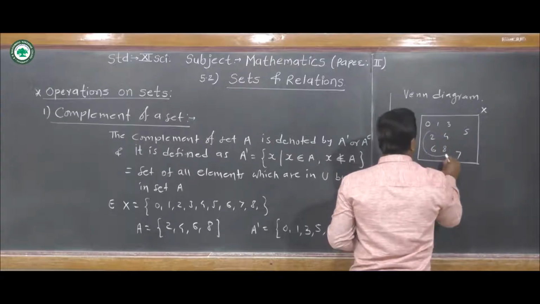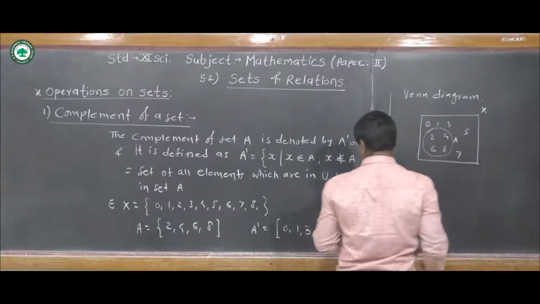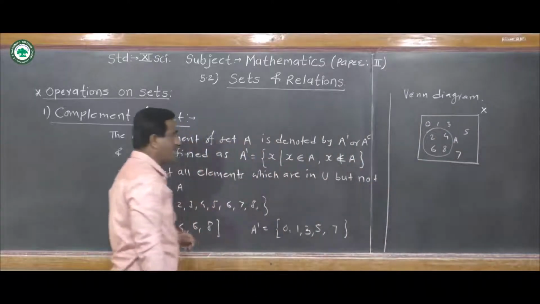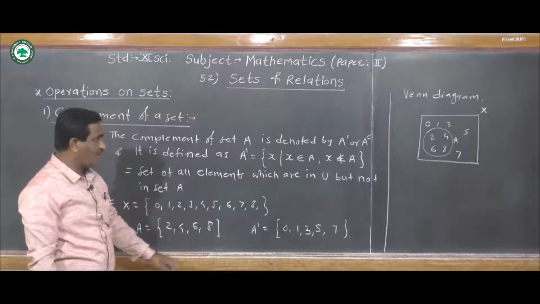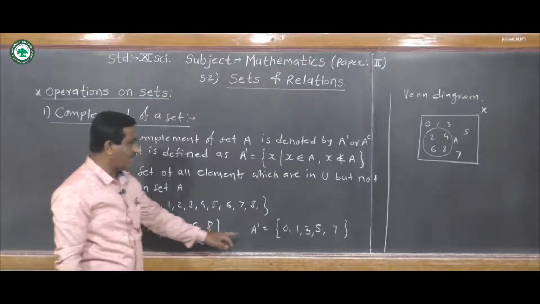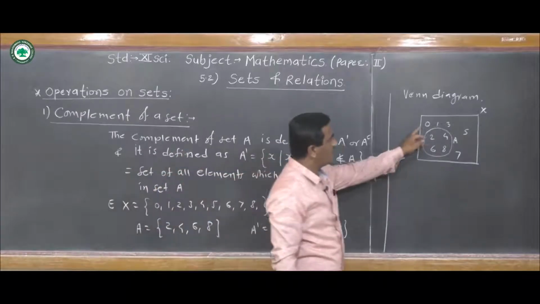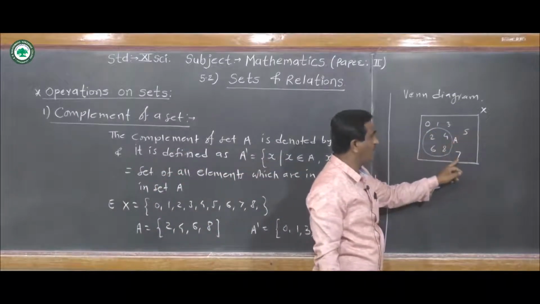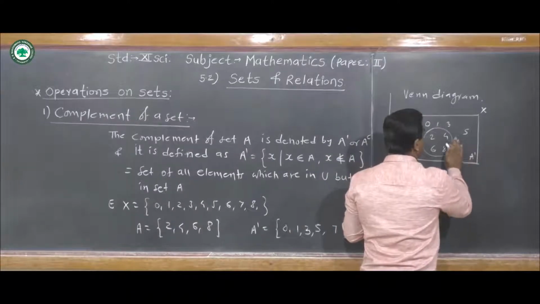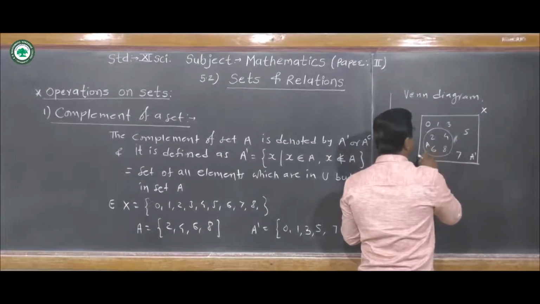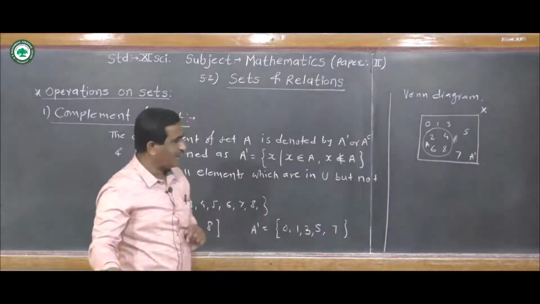Now this is the set A, the given set, which contains elements 2, 4, 6, 8. And complement of that set A is A dash, which contains elements 0, 1, 3, 5, 7. Okay. Complement of set A.